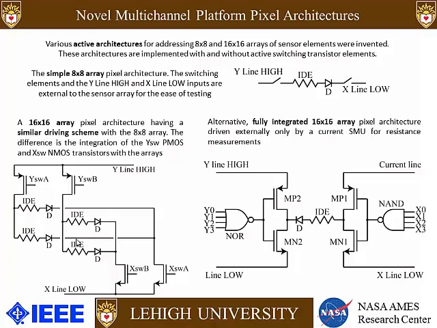Then a similar approach was used for a 16x16 array. So this individual pixel here actually represents 8x8 arrays of sensors, and I will present the schematic in a little bit.